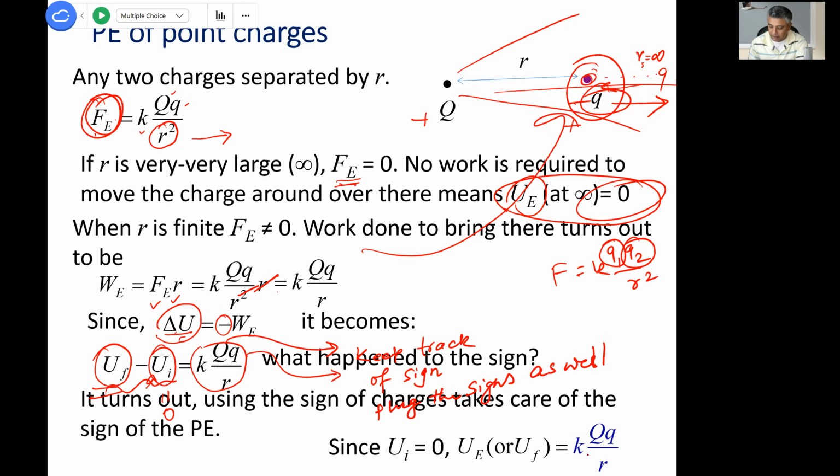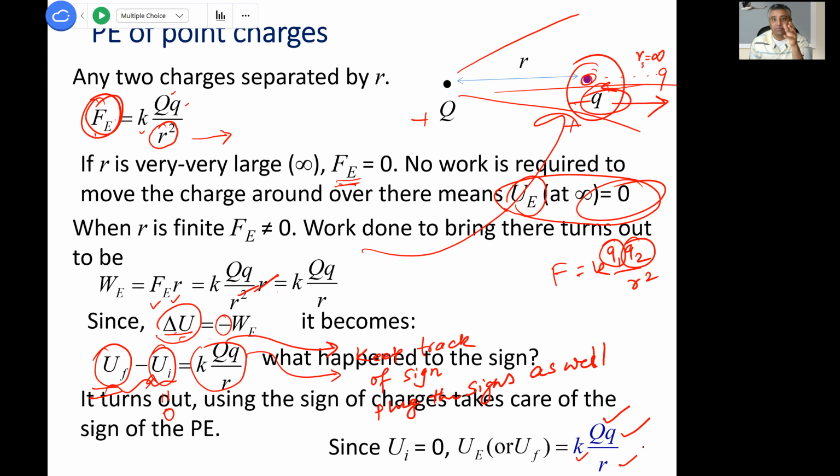The potential energy is given by K times the source charge times the test charge over R. Just like force is always between two charges, similarly potential energy is between two charges. It has both charges in the equation. Keep that in mind.